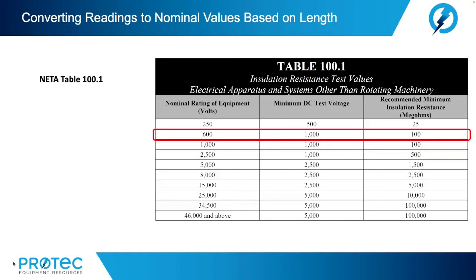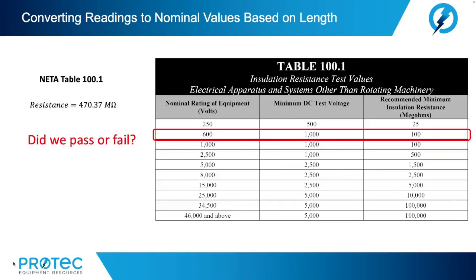And the recommended minimum insulation resistance in megohms in table 100.1 shows that we should fall within 100 megohms. Now, we added up all of the resistances of all the bus sections, and we saw that the total resistance in that assembled busway was 470.37 megohms.